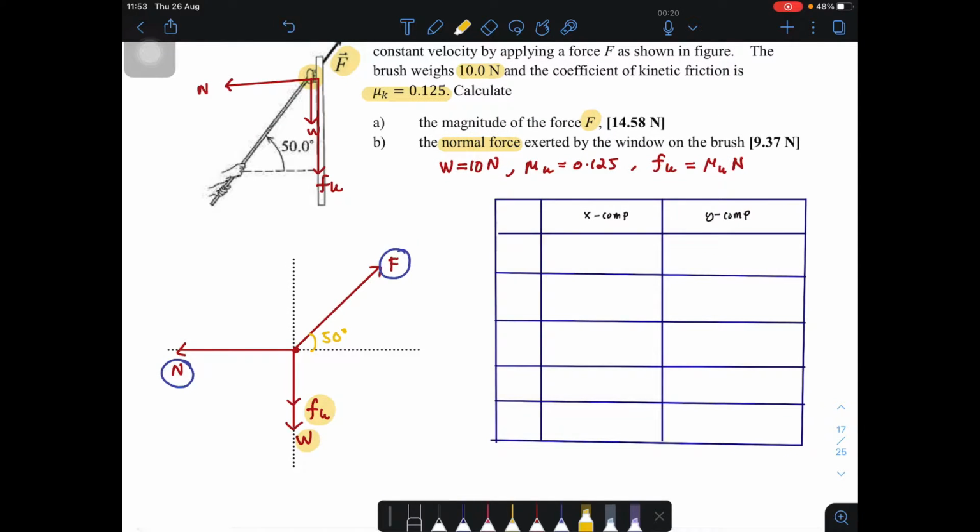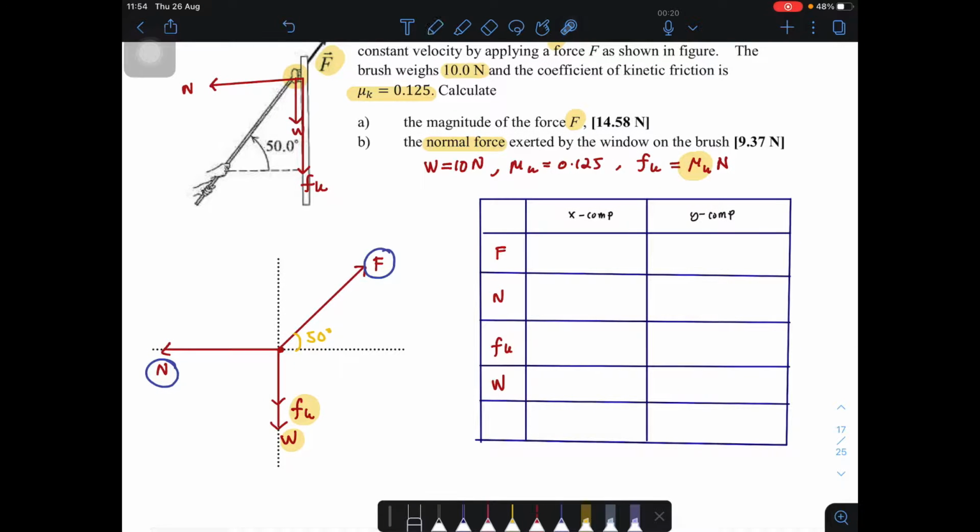We don't have FK. Okay, so meaning that FK, you need to find it as well. We have this one, we don't have normal. So masukkan dahulu F and FK, W.